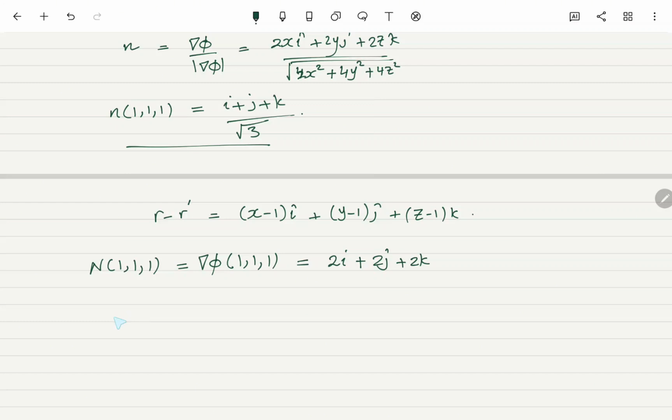Now, since n at the point (1, 1, 1) and r minus r prime are perpendicular to each other, which means n dot (r minus r prime) has to be equal to 0.